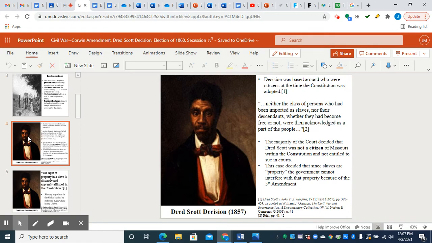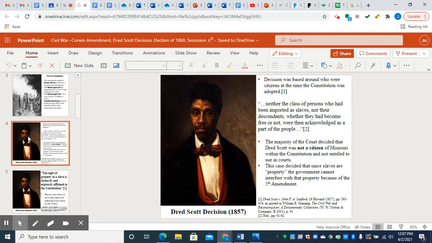So the Supreme Court basically made a decision. They decided in favor of saying, yes, Dred Scott must be returned because he is legally property. They cite the Fifth Amendment. They say, yeah, government cannot interfere with your property. Now, this is a big issue because when the Fifth Amendment also talks about government not interfering with your life, liberty, or property without due process, it's referring to the US government.